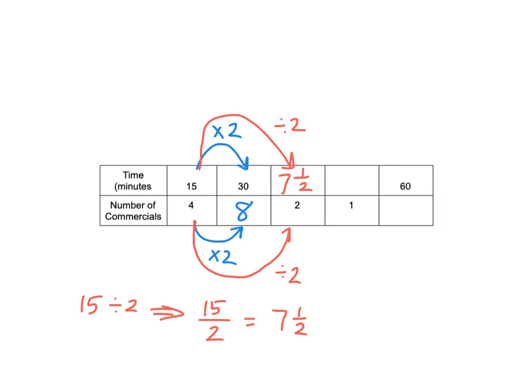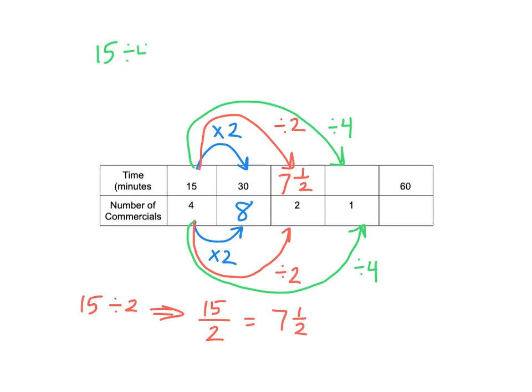All right, I'm going to get down to 1. Now I can use any of these numbers to get down to 1. I'm going to use the 4, but you could have used the 8 or the 2. So to get from 4 to 1, I would divide by 4. So 15 divided by 4 is going to be 15 over 4.